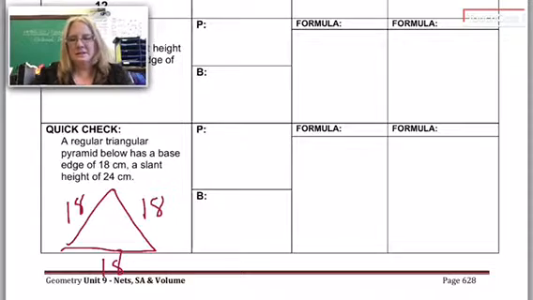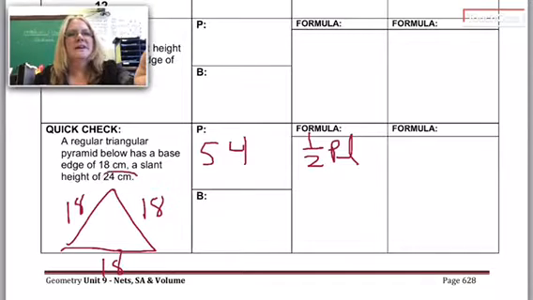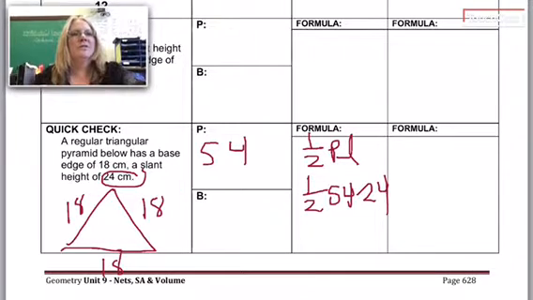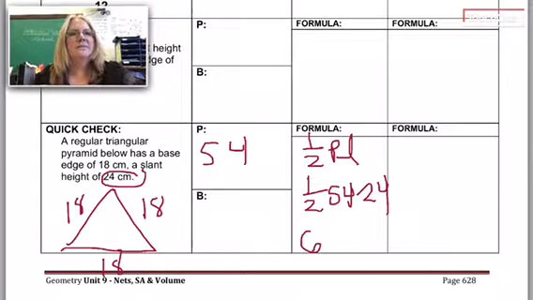So the perimeter is 18 times 3, and that's 54. And this is 1/2 PL, and they give us L, the slant height, is 24, so 1/2 times 54 times 24, and that is 648.